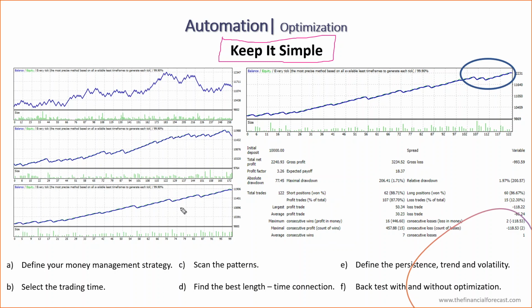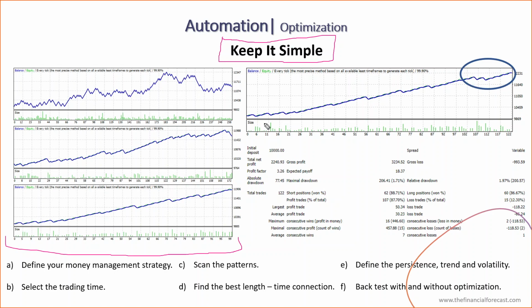Then the next step, we need to find those characteristics of behavior in persistence, trend, and volatility. And we also got an improvement here. And this was backtested in a certain period of time. But then, to see the truth of the strategy, we need to prove it with a period of time that we didn't use before, in the future, not in the past.